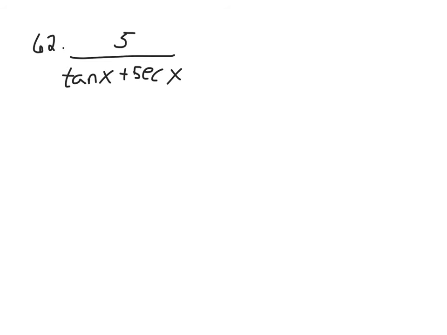Now, I'm not sure if it's going to work or not, but this is a nice time to introduce the idea of rationalizing. Well, it's rationalizing only if you have radicals, but this idea of multiplying by a conjugate. That's my first guess on this. If you remember, conjugates are just with the opposite sign.